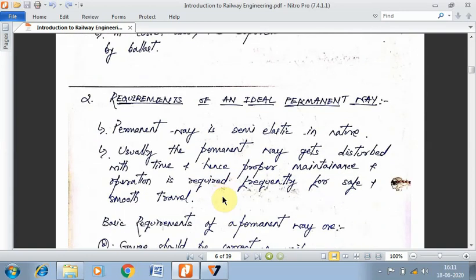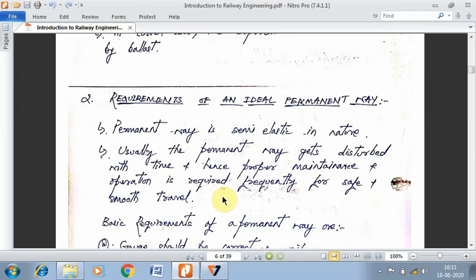Now to talk about the requirements of an ideal permanent way. Now you are clear about what a permanent way is, how you define it, and how it actually looks like. So a typical permanent way will have its ideal requirements, meeting which it serves the purpose in a much more effective way as the engineers expect it to be, right?